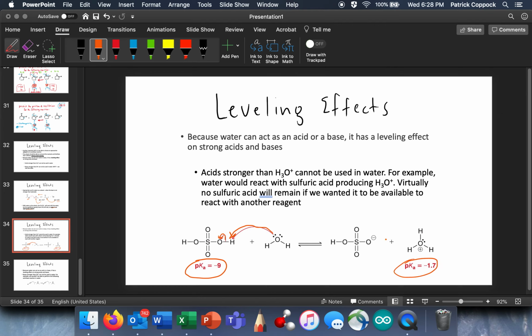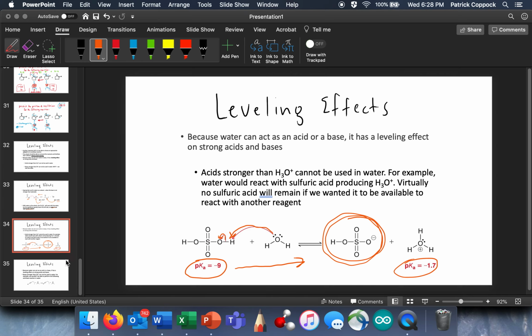Well, if hydronium has a pKa of -1.7 and sulfuric acid has a pKa of -9, this is definitely lower, that's definitely the stronger acid, and so the equilibrium is going to shift in the direction of the weaker acid, right? We've done this many times, so hopefully that's starting to look familiar too. So consequently, you're not going to have sulfuric acid in solution. This is what you're going to have. You're going to have a bunch of that stuff, okay?